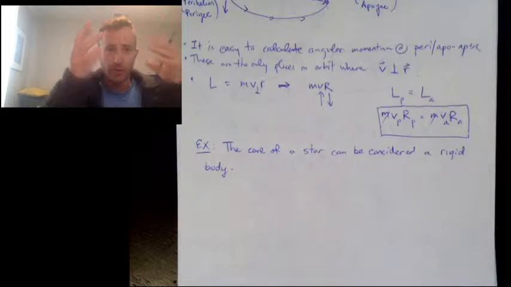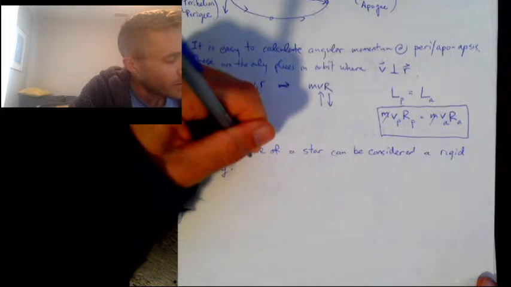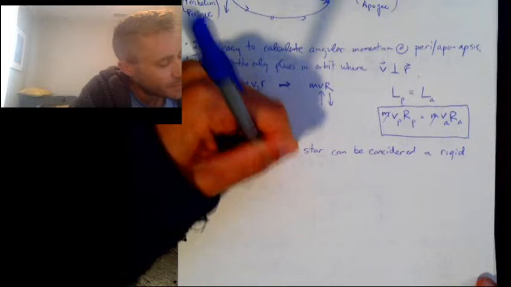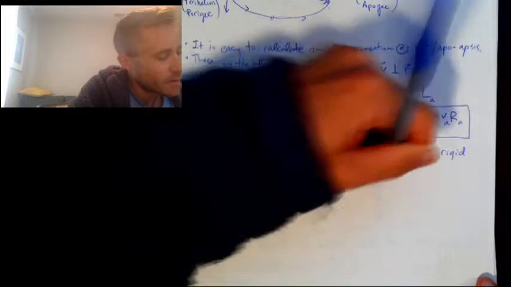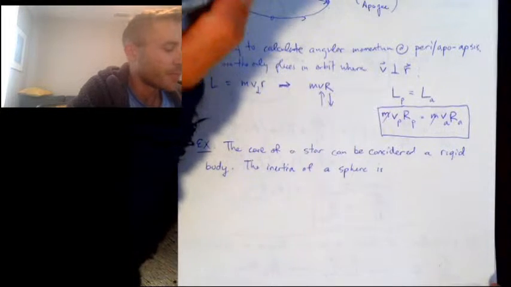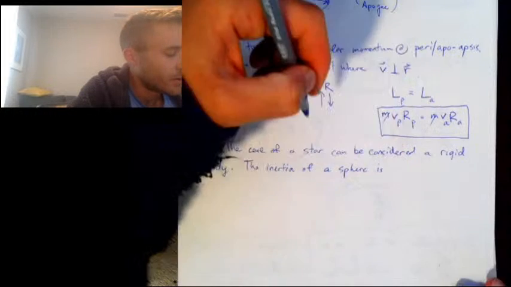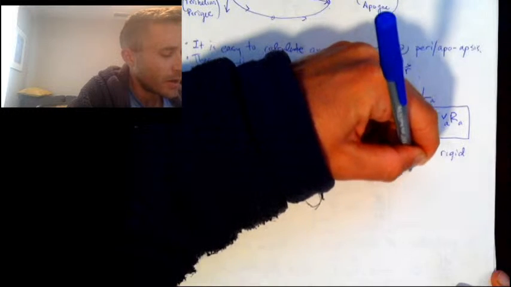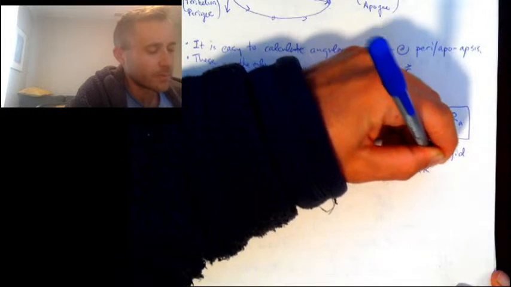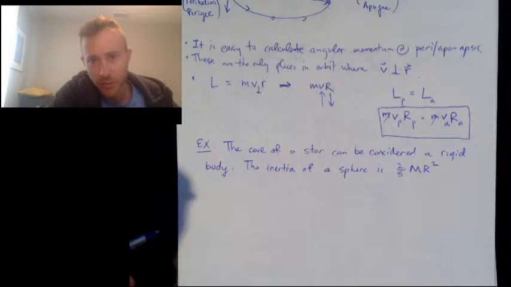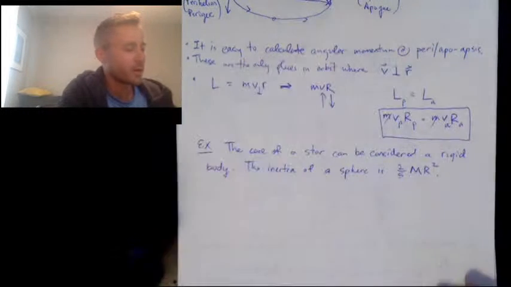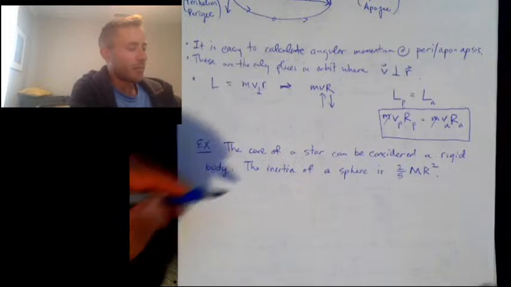So it's a sphere. The inertia of a sphere is 2/5 m r squared. It's possible to show using calculus that the rotational inertia of a sphere is 2/5 m r squared. Now here's what happens in a supernova.